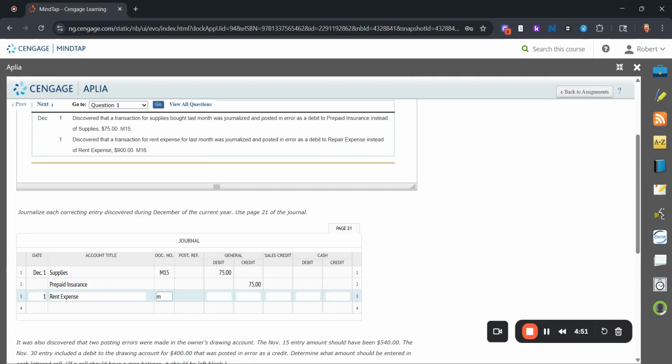So memo 16, M16. That rent expense, $900 in debit, because it was posted in error as a debit to repair, so we need to post it as a debit to rent. And then we need to reverse that original posting to the repair expense and bring that account back up to where it was.